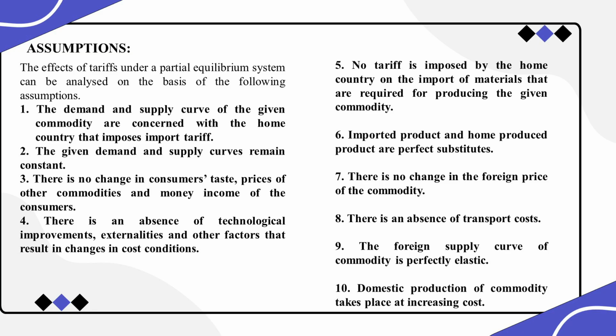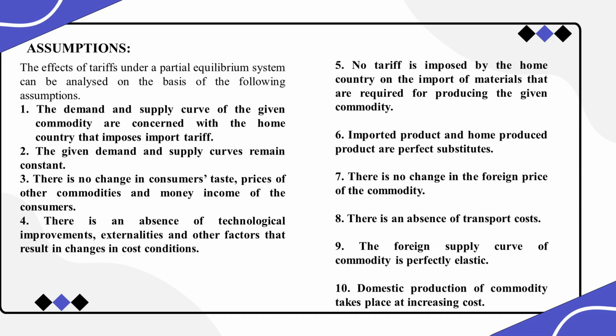Number five, no tariff is imposed by the home country on the import of materials that are required for producing the given commodity. Number six, the imported product and the home produced product are perfect substitutes. Assumption number seven, there is no change in the foreign price of the commodity.